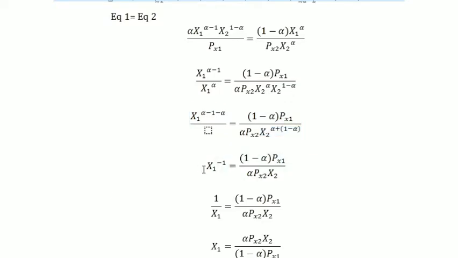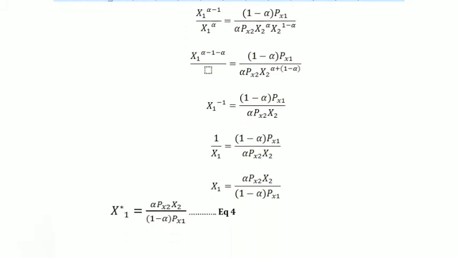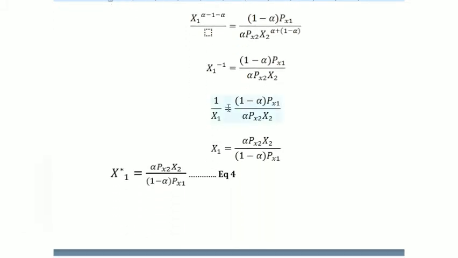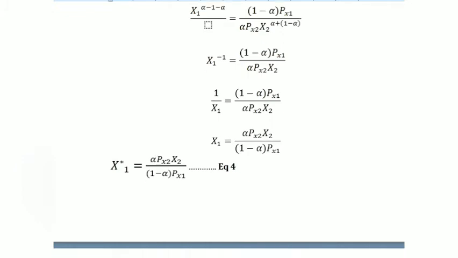That's why we become minus alpha. So alpha minus 1 minus alpha, we get negative 1. So we need a positive x1, so we bring x1 below. So x1 as a subject, we get equation 4.